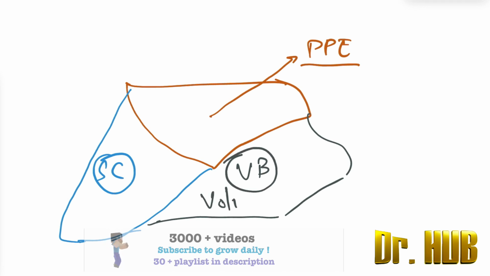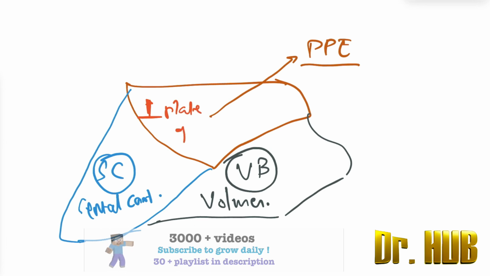Let's write it down so that it doesn't confuse. This is the vomer bone, and this is septal cartilage, and PPE stands for the perpendicular plate of ethmoid bone.